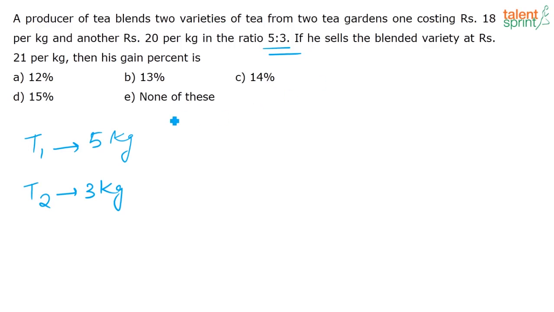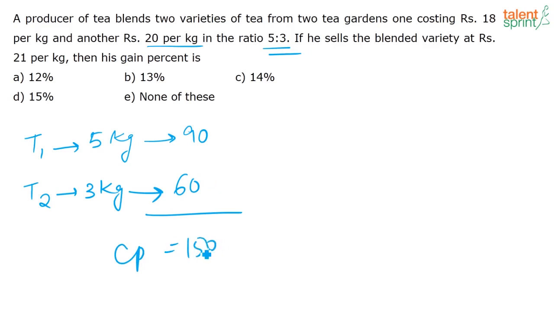So here the price per kg of the first type of tea is 18. So the total price of T1 will be 18 into 5, that is equal to 90, correct? And the total price for the type 2 tea, that is 20 into 3, correct? 20 rupees per kg, 3 kgs are there, that is 60. So my total cost price is going to be 90 plus 60, that is equal to 150.